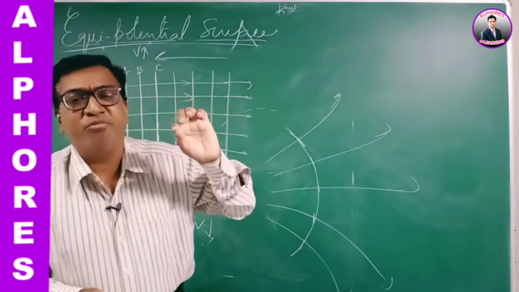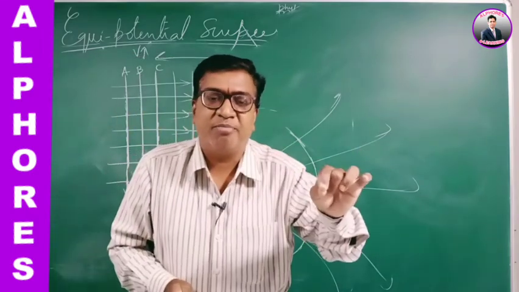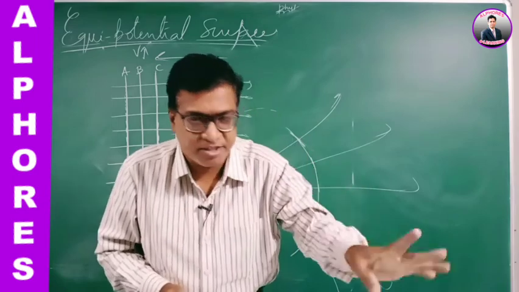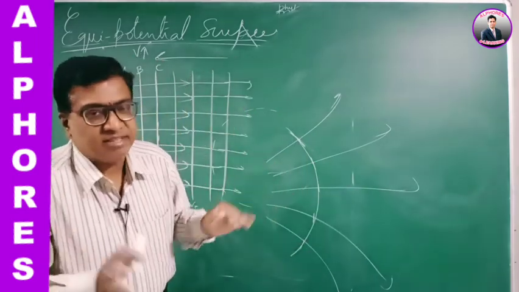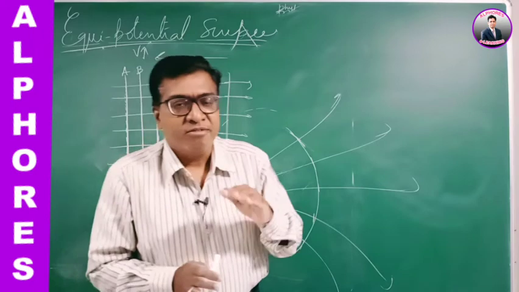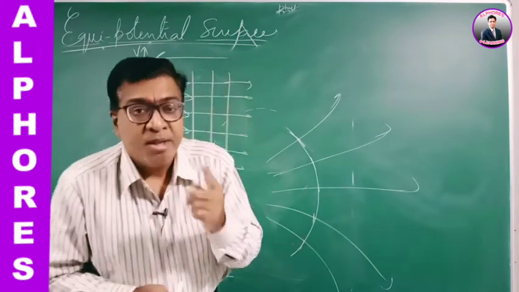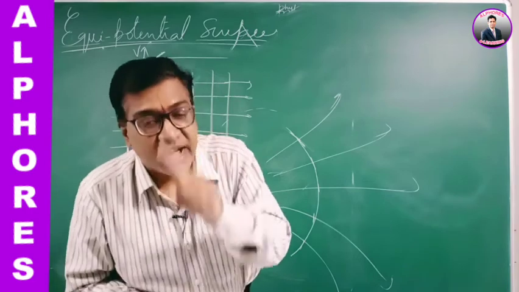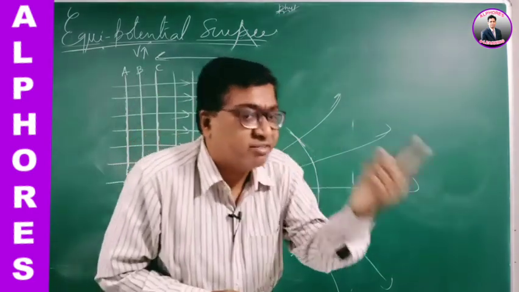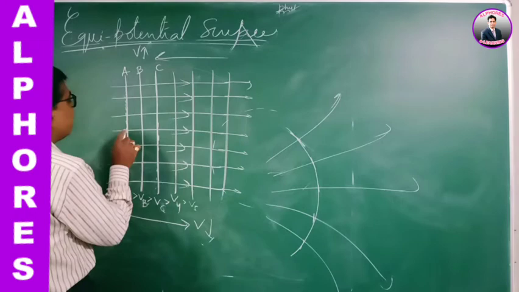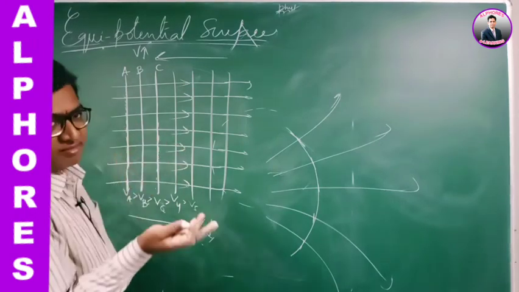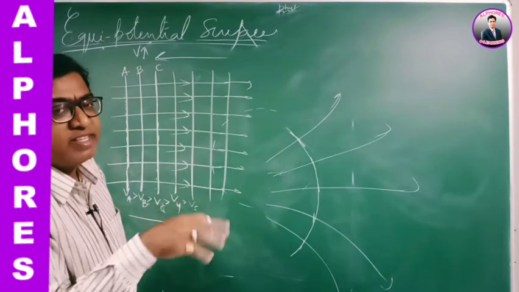The work done in moving any charge from one point to another point on the equipotential surface is always 0. No work is done in moving a charge from one point to another on the same surface. But there is work done in moving from one equipotential surface to another equipotential surface. From one surface to another, there is work done.